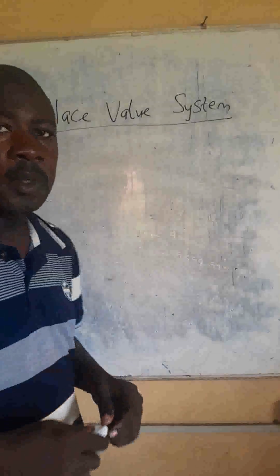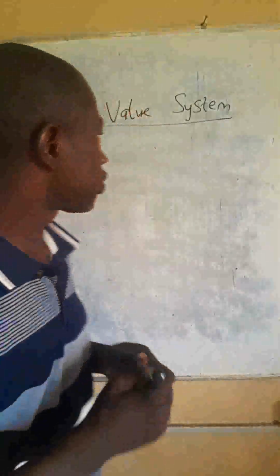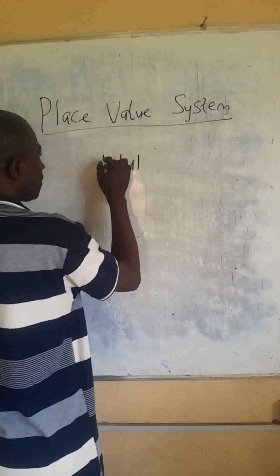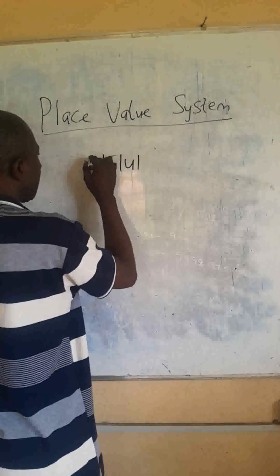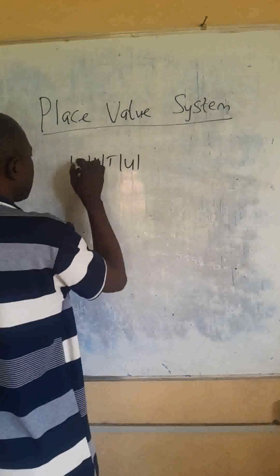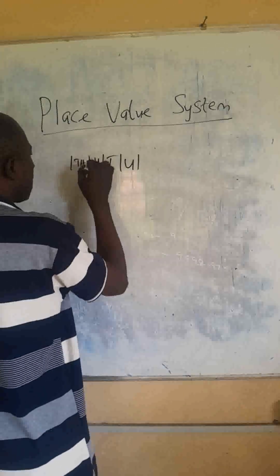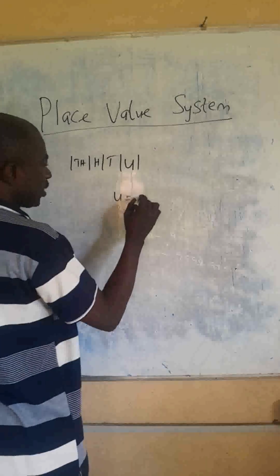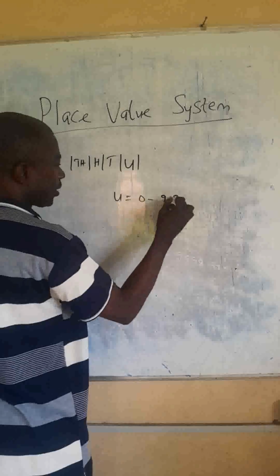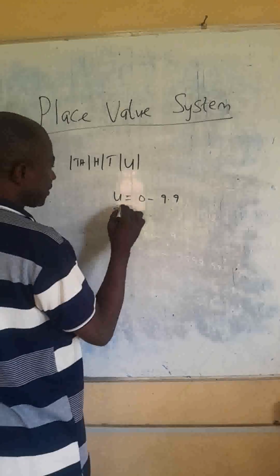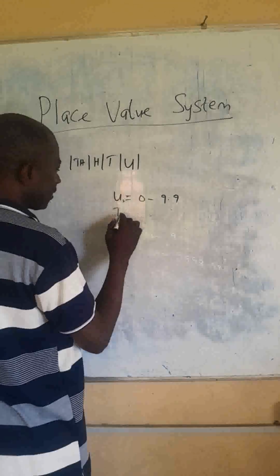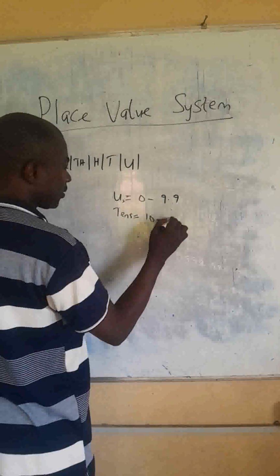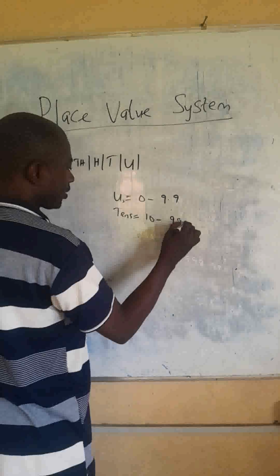Simple. Yeah. In maths, digits have a house. Well, unit house, tens house, 100 house, then 1,000 house. So the range of unit is between 0 to 9.9. The tens is between 10 to 99.9.